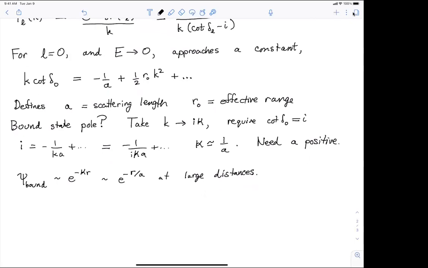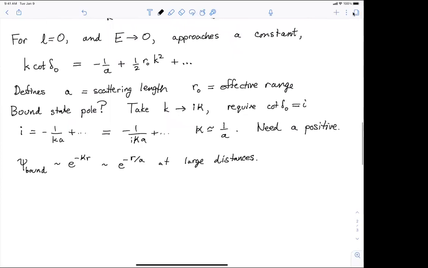Okay, so that tells us if we can measure a scattering amplitude by inferring it from scattering cross-section, and we find a positive scattering length, then that usually means there's a bound state. Actually, not always, and at the end of today's lecture, we'll see why not always.